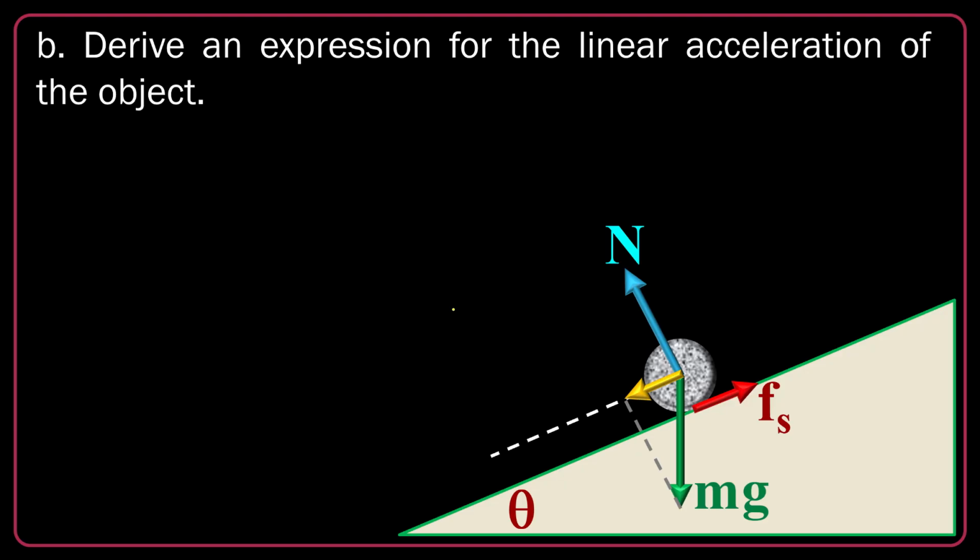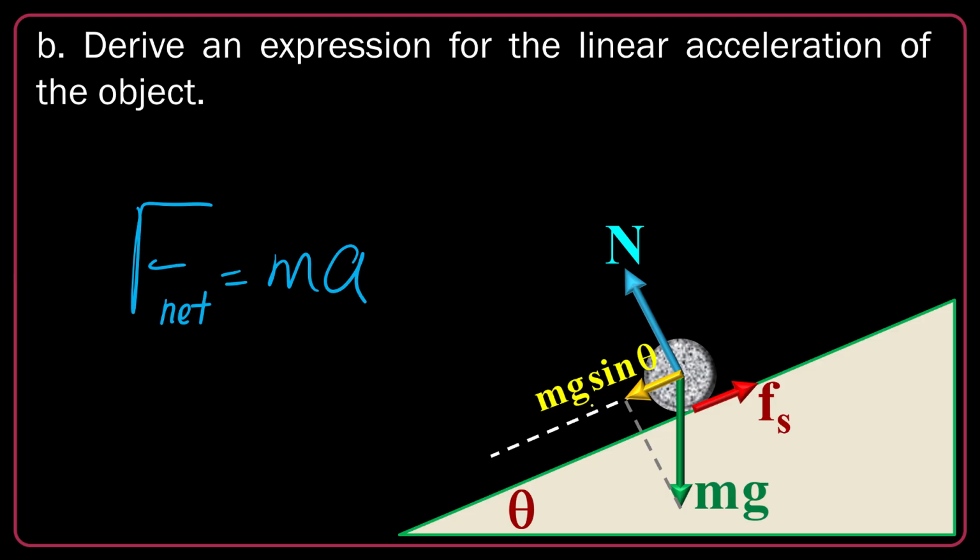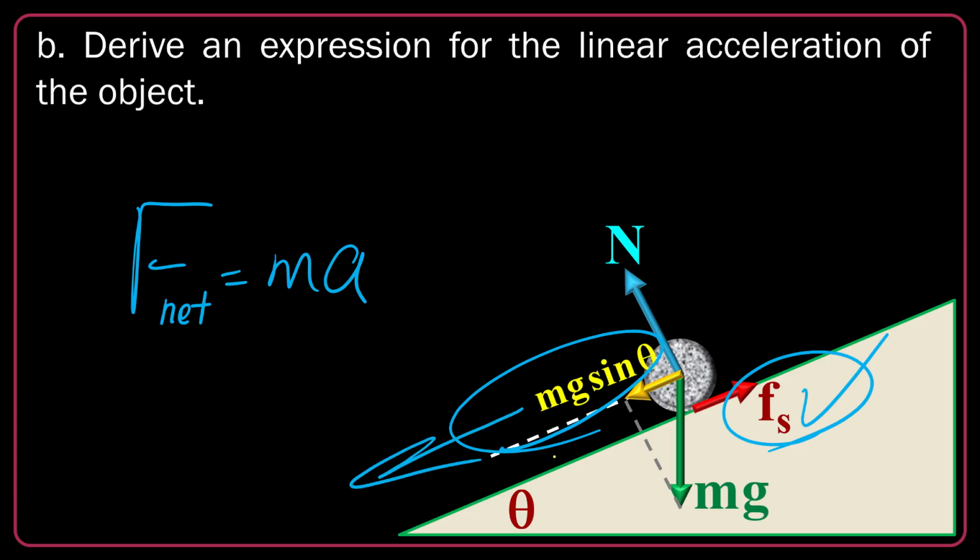Look at this object. First, I decompose mg and again remind you of mg sine theta. Okay, so far we are fine with that. But if I use Newton's second law, F net equals ma, F net is mg sine theta minus Fs, because we have an opposing force Fs against the downward force mg sine theta.